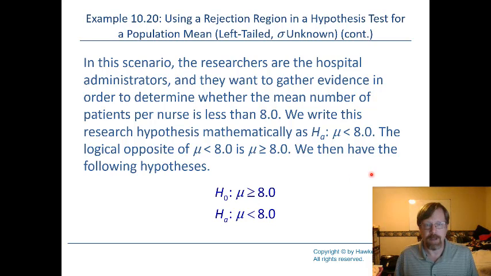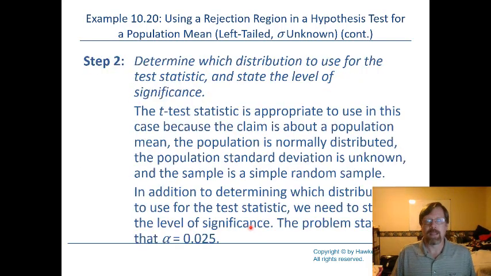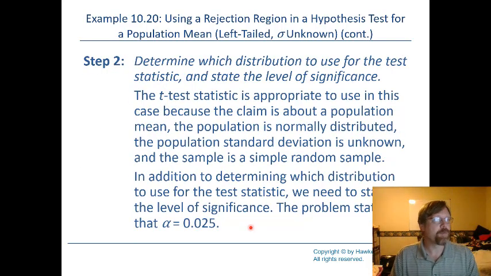Right, so we've got a one-tailed test here. That's the other thing to note. In this case, the t-test is appropriate because it's about the population mean. It's normally distributed. We don't know the population standard deviation, and it's a simple random sample. Level of significance was stated as 0.025.